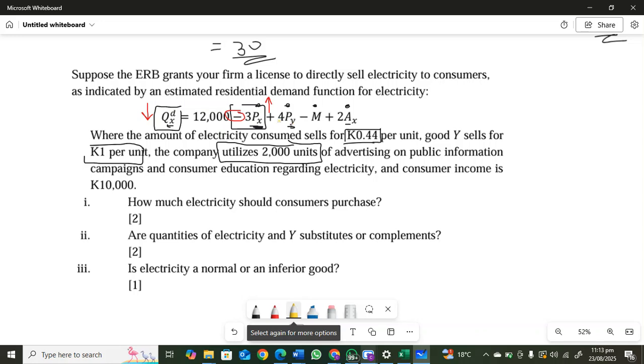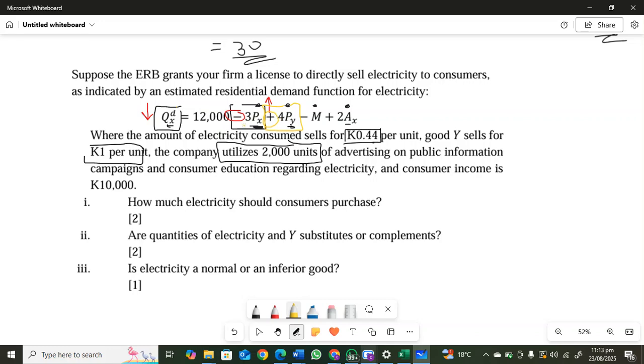If we look at the relationship between the quantity demanded of good X and the price of good Y, we can see a positive sign here, meaning there's a positive relationship.